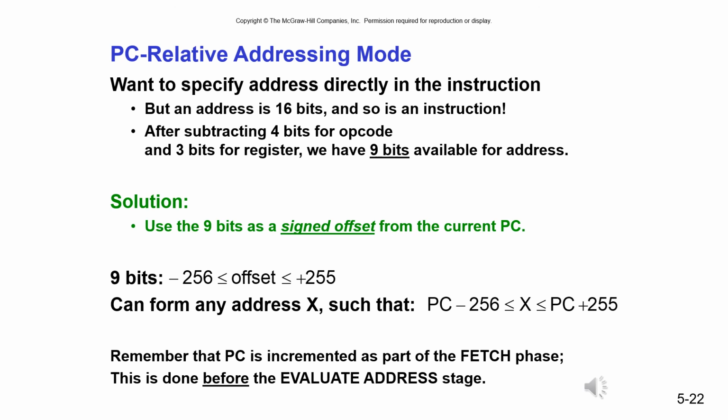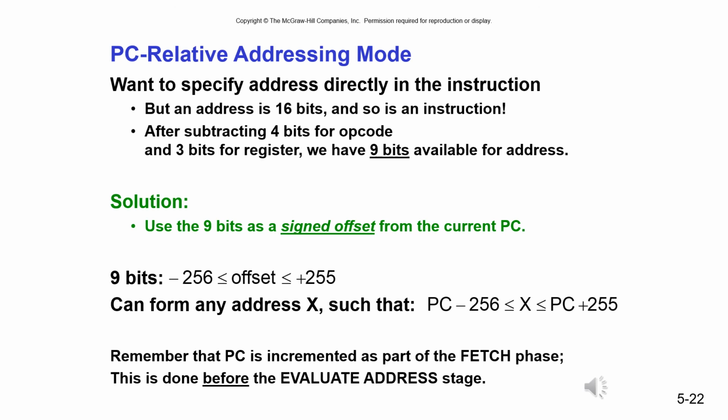What we just demonstrated was PC relative addressing mode. It gives us the ability to specify a target address directly in the instruction. An address is 16 bits, and so is an instruction, after subtracting 4 bits, and so on.